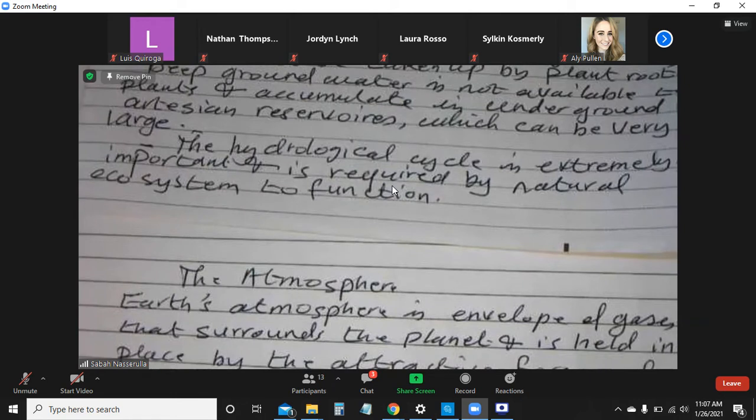As I already showed you, the atmosphere, of course, consists of 4 layers.